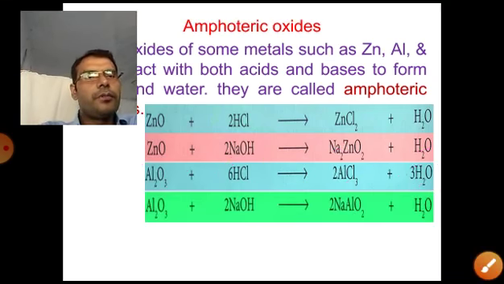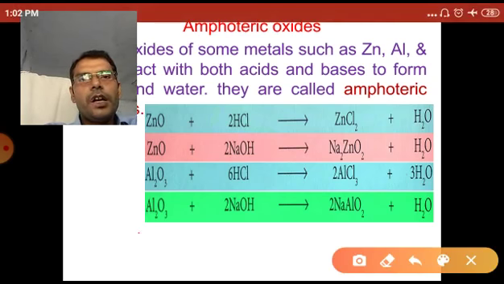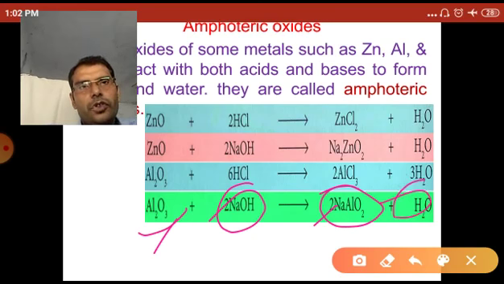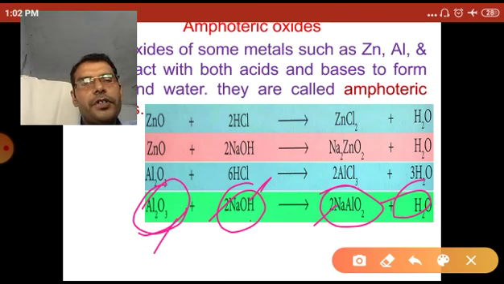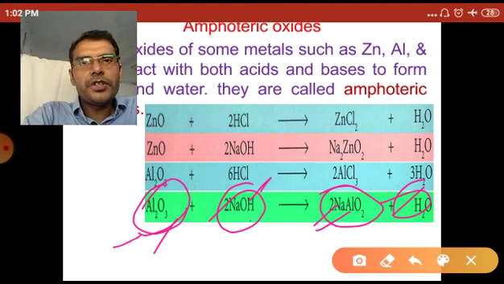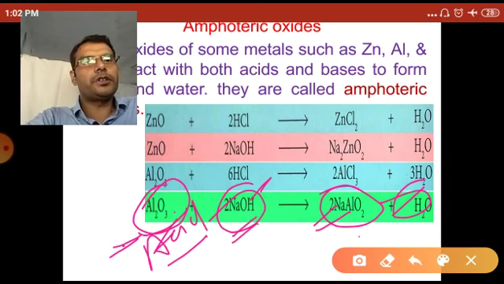In the next example, aluminum oxide reacts with NaOH base to form sodium aluminate, a salt, and water. NaOH is a base, and when it reacts with aluminum oxide it forms salt and water. It means that aluminum oxide in this reaction is behaving as an acid, because it reacts with the NaOH base to form salt and water.